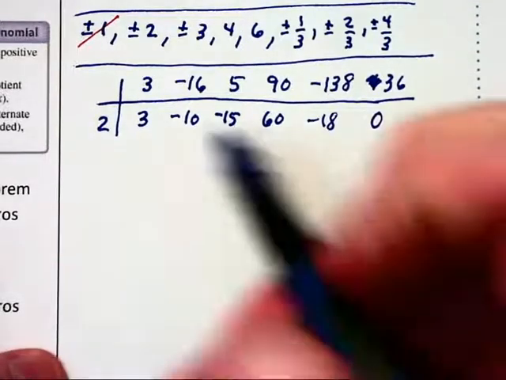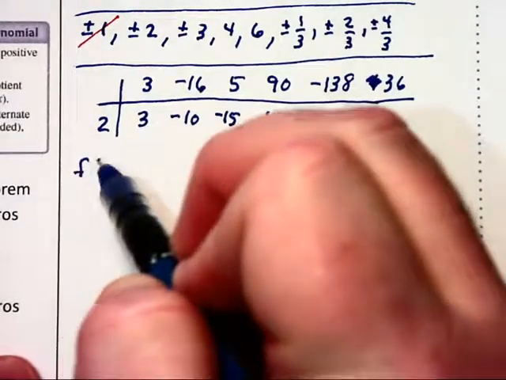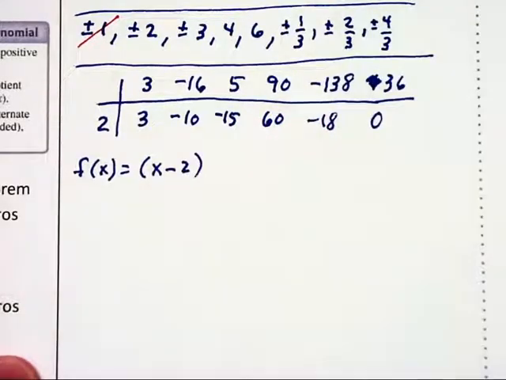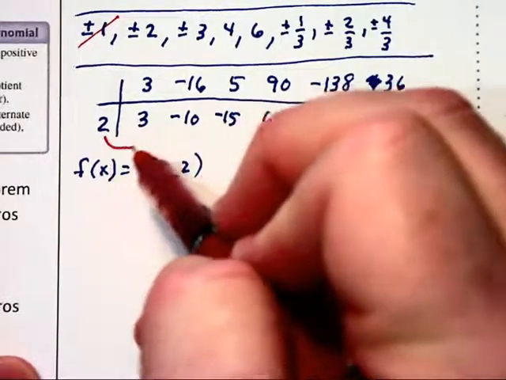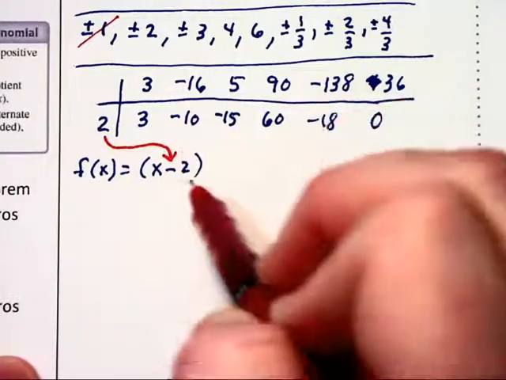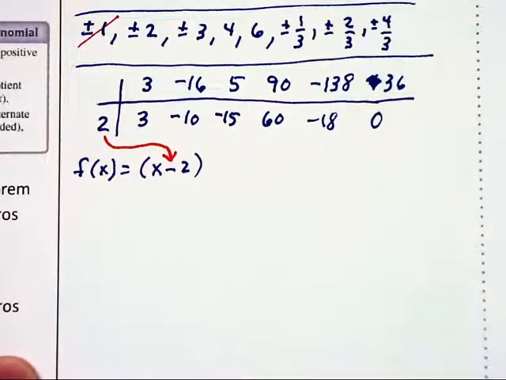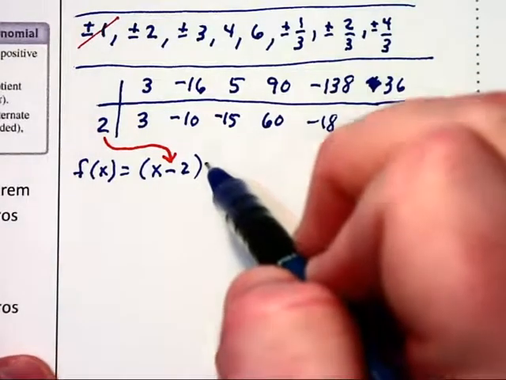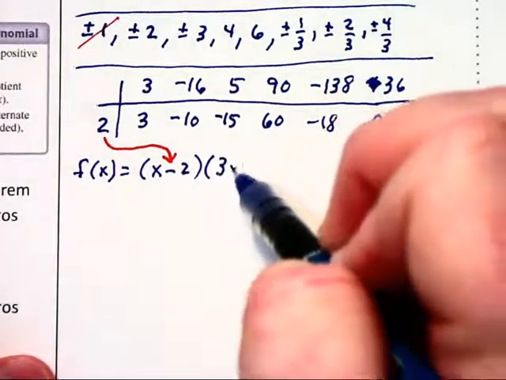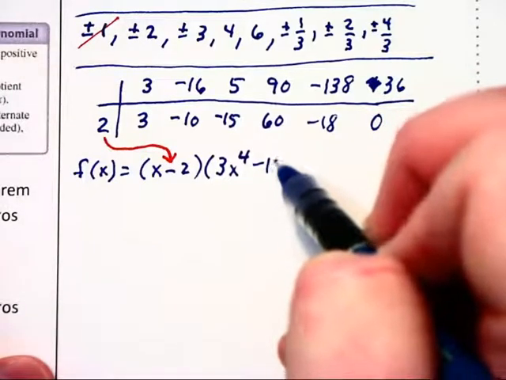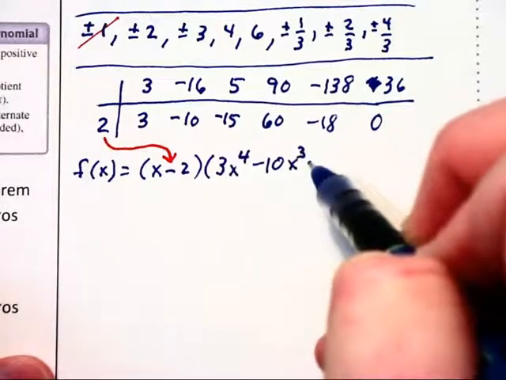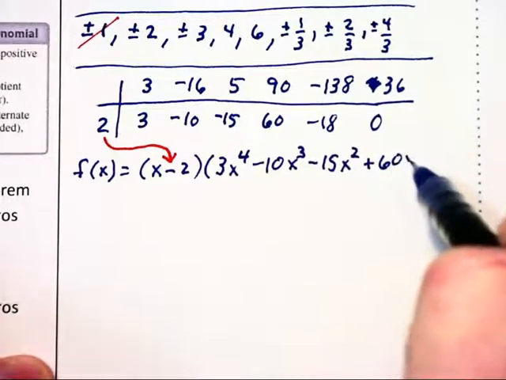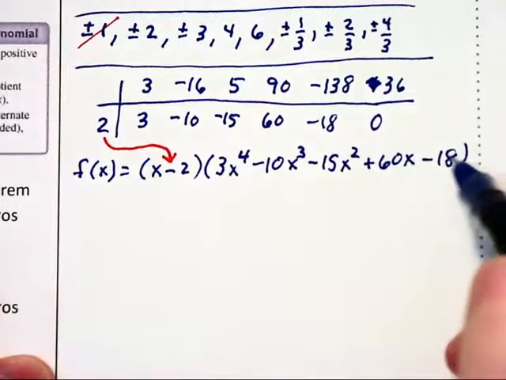And that means we can write f of x as x minus 2. Notice I put a minus in there because we found out that 2 is a 0, which means that x minus 2 is a factor. The original polynomial began with an x to the 5th power, so we will have 3x to the 4th minus 10x to the third minus 15x squared plus 60x minus 18.